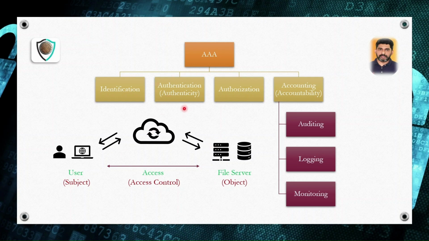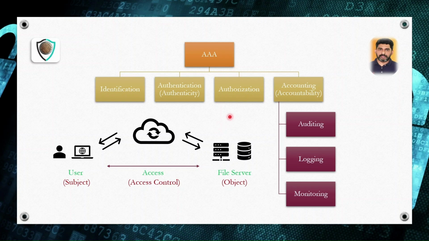Then we have authentication or authenticity. Authentication is the mechanism using which we confirm the identity of a subject. Let us say there is a user who's logging into an operating system using a username. When the user is submitting the username, how does the operating system know that this username actually belongs to this user itself?